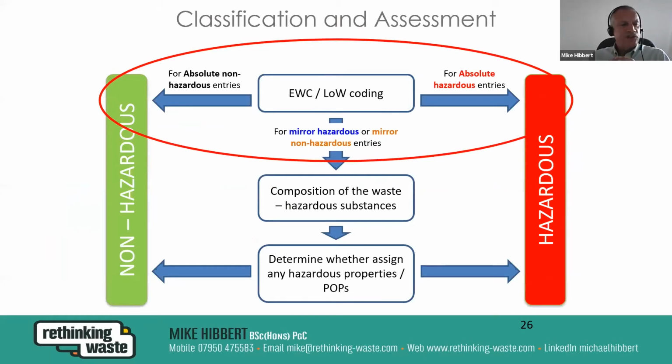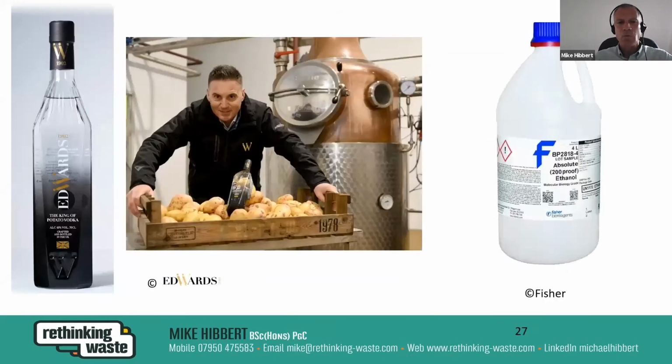And I really want to stress at this point that getting the appropriate EWC code relating to where the waste has been generated is really important. And the next slide hopefully gives you an example of why that is an issue.